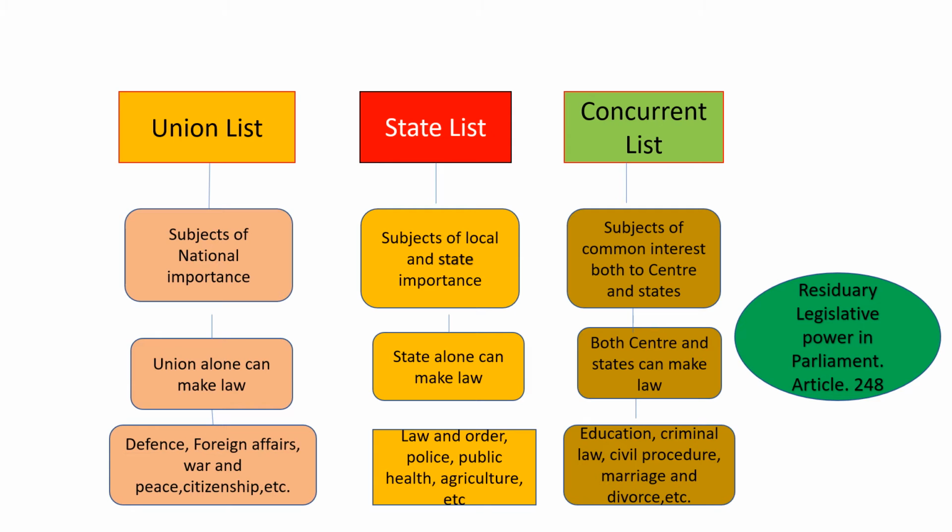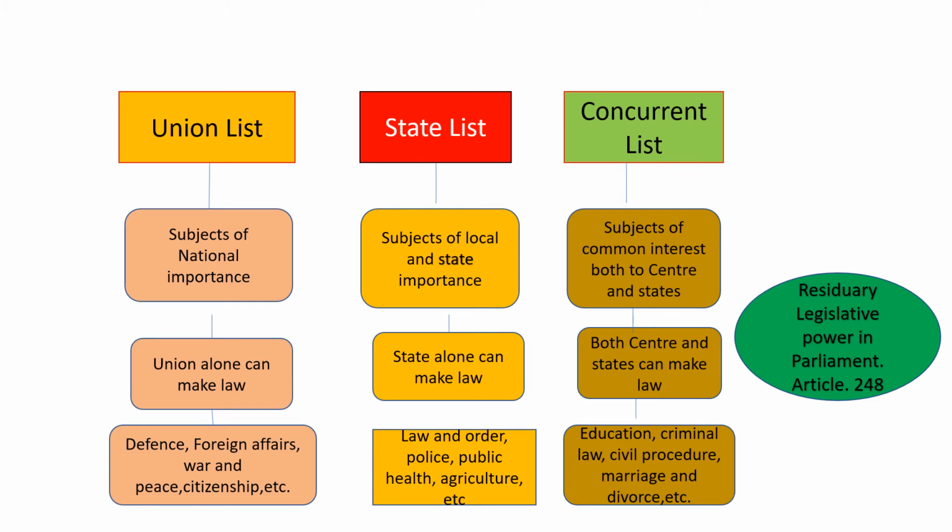List 3, which is popularly known as concurrent list, comprises 52 subjects or items of legislation. And in this concurrent list, subjects of common interest both to the center and the states are included.